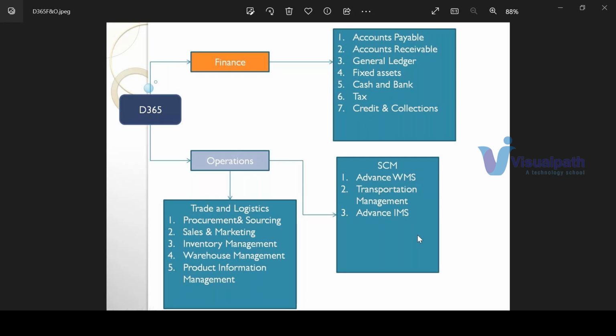It will only support inventory management of, for example, pallet ID. It doesn't support the future version of Dynamics 365. Coming to the difference between inventory management and supply chain management, both include the same kind of process, but supply chain management involves the advanced warehouse management system here.